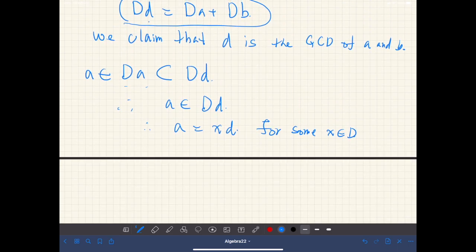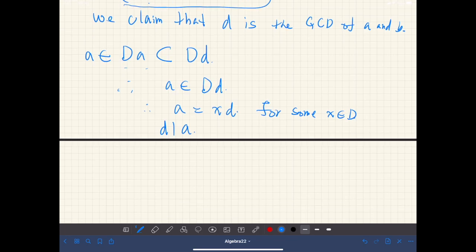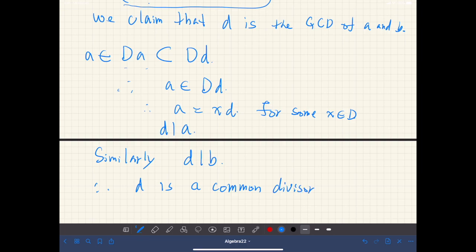So this means d divides a. So d is a divisor of a, and similarly we can show that d is also a divisor of b. So d is a common divisor of a and b.